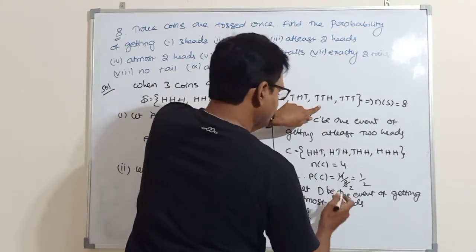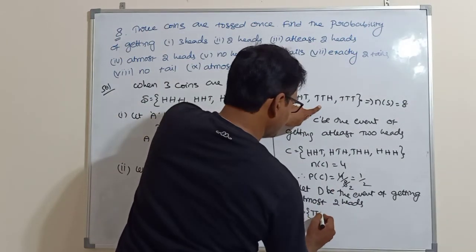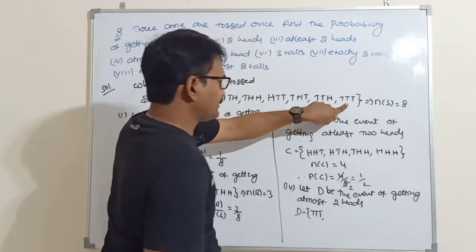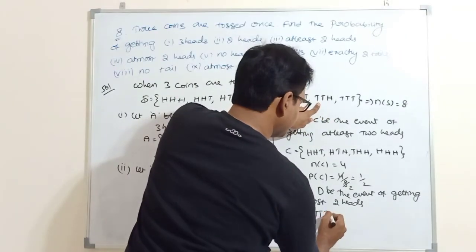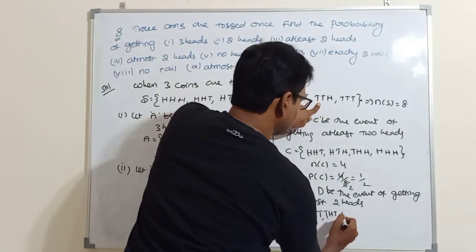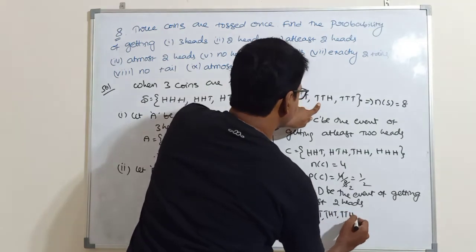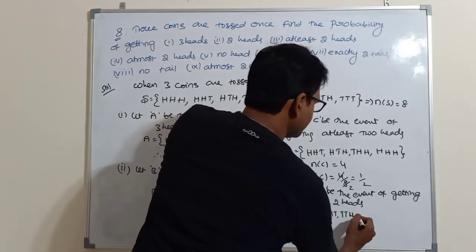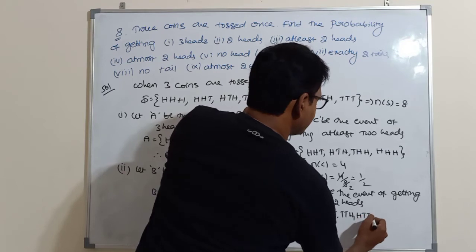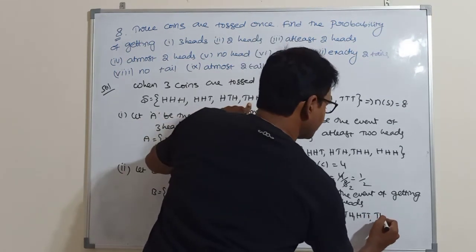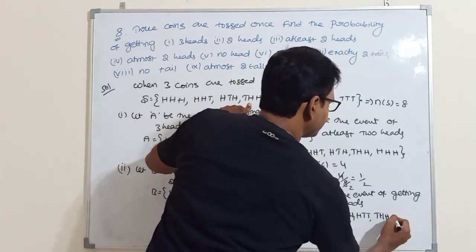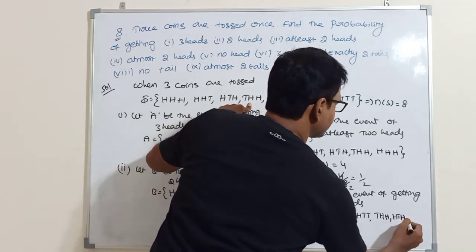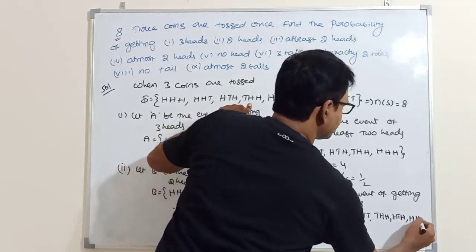So if you take triple T with 0 heads, TTH, THT, HTT, next THH, next HTH, next HHT.